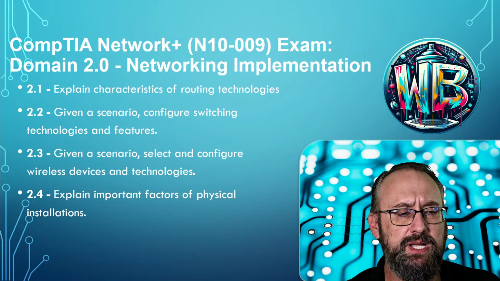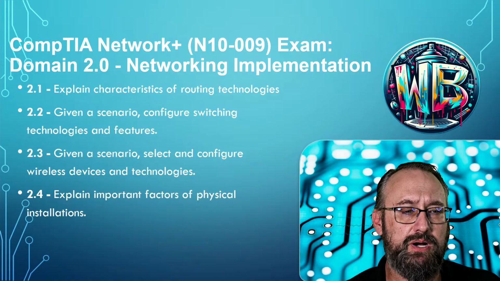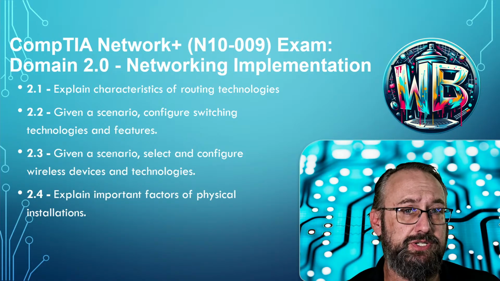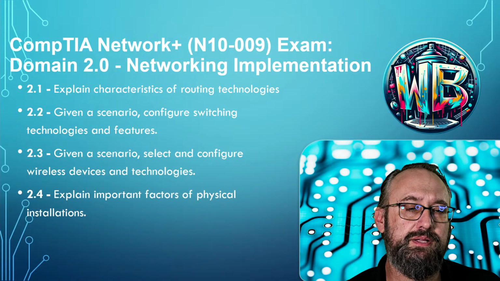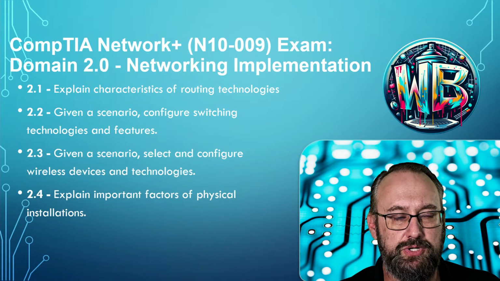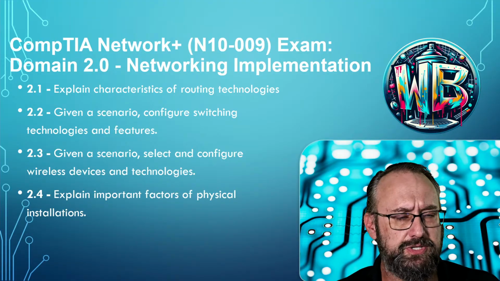And then finally, the last objective in this one, 2.4, is talking about some important factors of physical installations. Do you know some of the common commercial building nomenclature, jargon? Do you know what an MDF is and an IDF, the intermediate distribution frame? Do you know what a main distribution frame is?